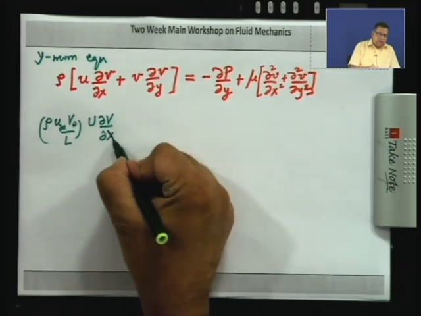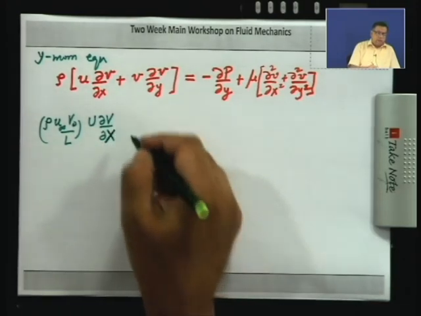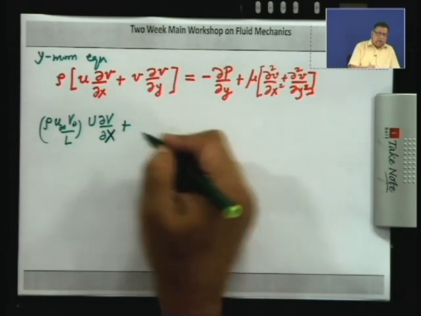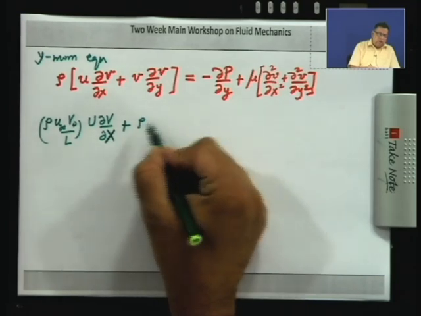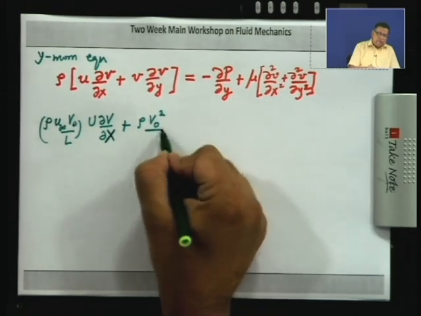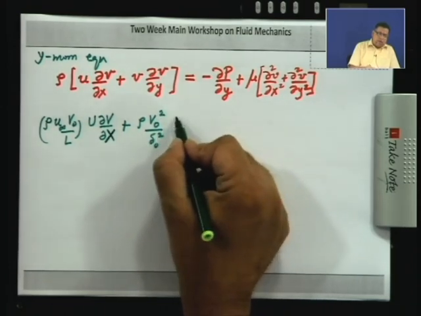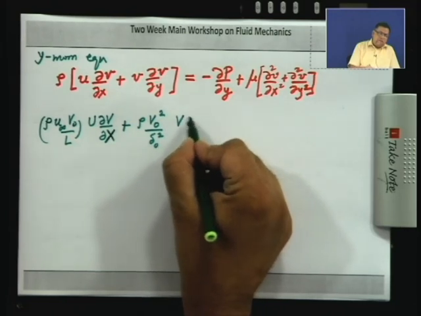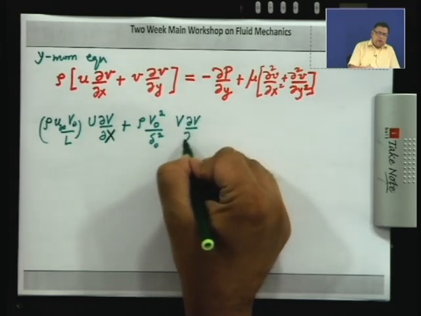So, this is capital X. Now, the second term will be rho v naught squared by delta naught squared. Then you are going to have v del y.